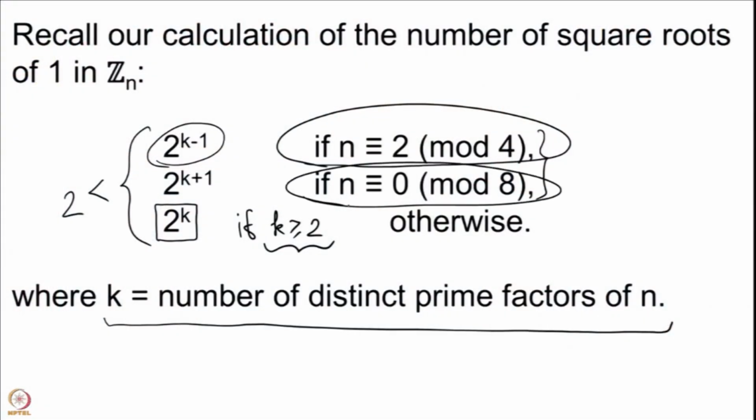And finally, if you have n congruent to 0 mod 8, whatever number of prime factors you have, 2 power k plus 1 is always going to be bigger than or equal to 2. So, here you always have this to be bigger or equal. This is something that you have to study later. So, we will say sometimes. These are the 3 major observations which we write down here.